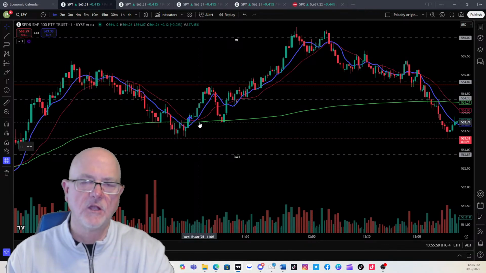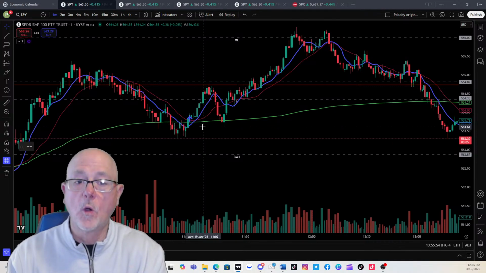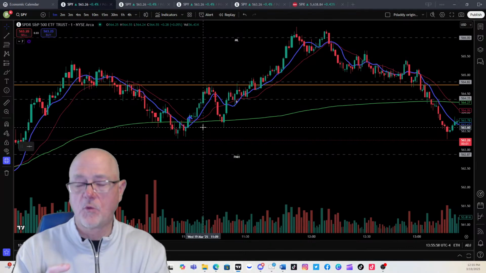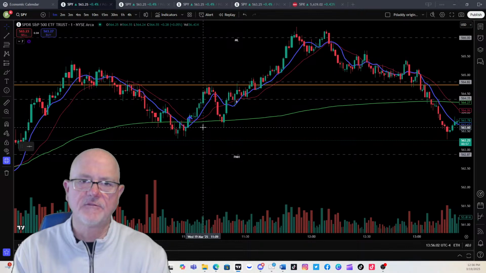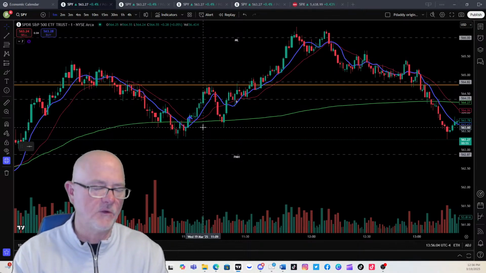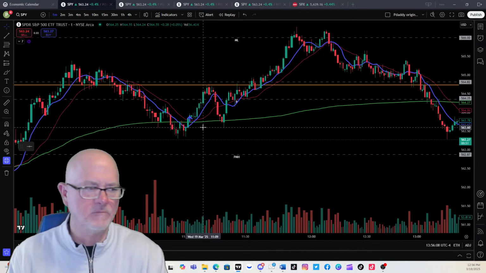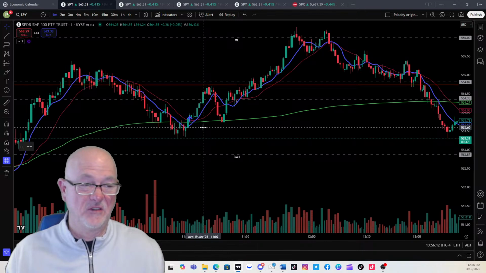If it closes below VWAP, there's another place to take the trade off the table. Or you've got the 9 down here. So you have 3 different levels of risk, whether you want to go conservative, a little bit more risky, or very aggressive.